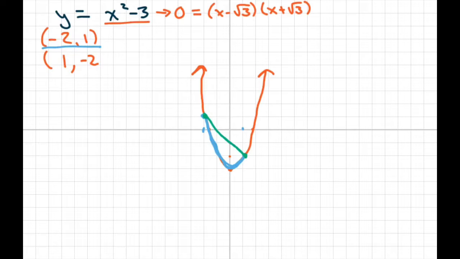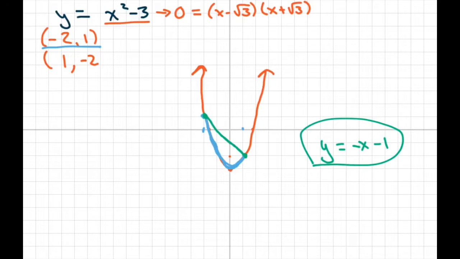Which we already know was y equals -x minus 1. And it kind of fit in nicely on this, because you see your y-intercept there, and you also see the negative slope. And when you're doing the equation of the secant line, you actually want to extend this out a bit and get it all the way through, because this part right in here is just your -1 part, your average rate of change. And that's it.